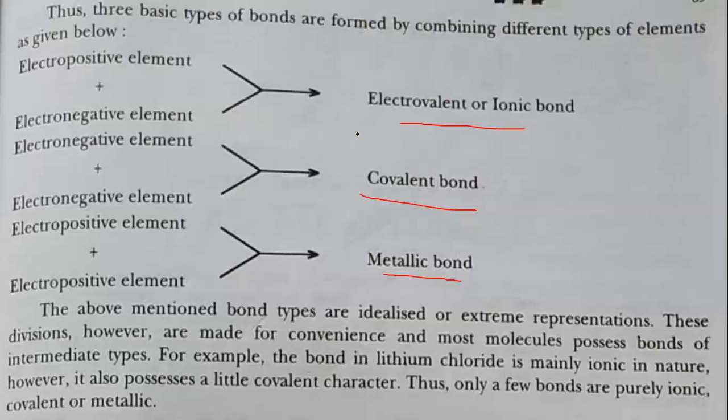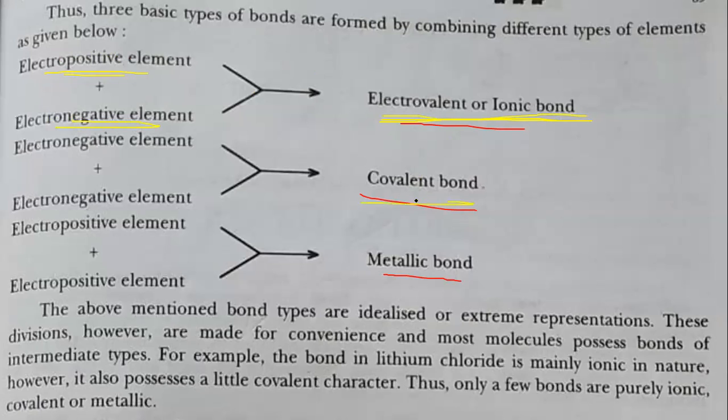How is this? See here. For the formation of an electrovalent or ionic bond, the two atoms which come together are one electropositive and one electronegative. One is giving, one is taking, and they form an electrovalent or ionic bond.